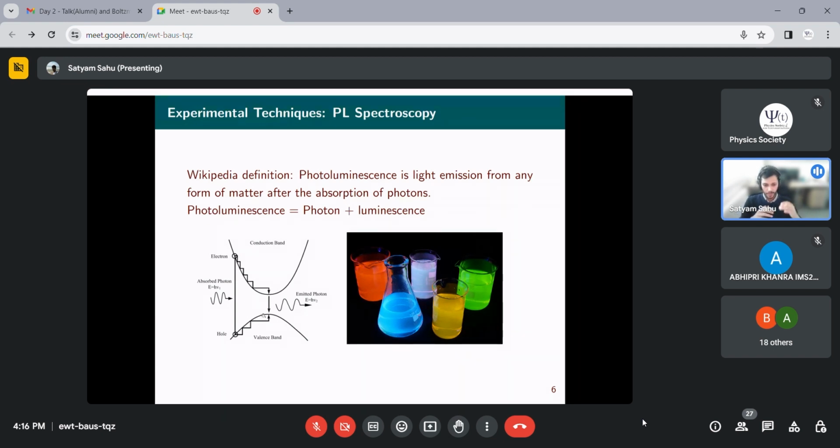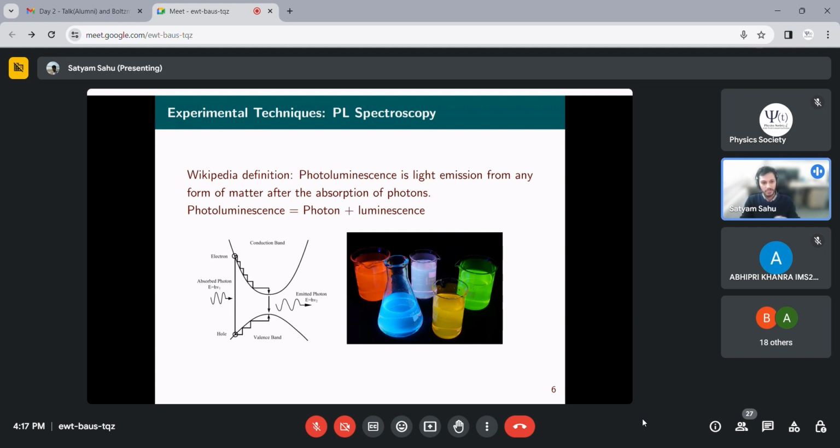During this process they emit some light which is of lower energy than the absorbed light. So here if you have h nu 1, the absorbed energy, it should always be higher than the emitted energy. And if you try with solutions, you will see beautiful colors which they are emitting.